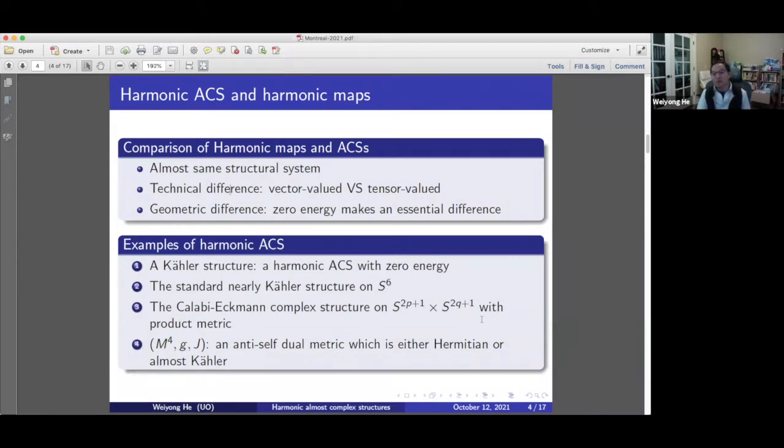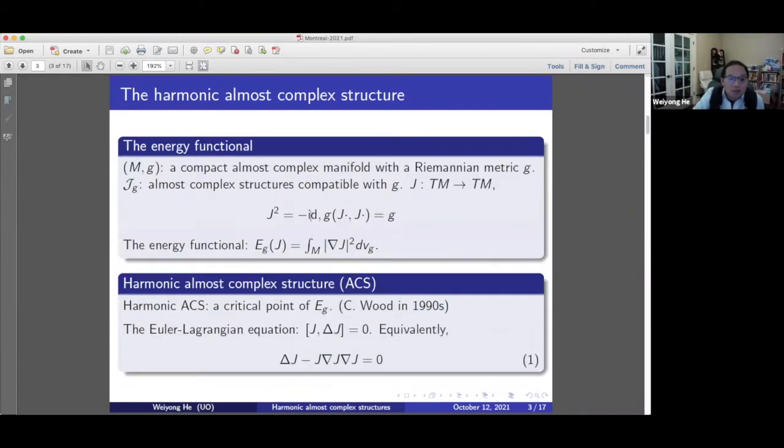That will pose some hard technical difficulties. And the geometric difference is this. At least for me, the zero energy case in harmonic maps means the gradient of u is zero, so that will be a constant map. On the other hand, for a harmonic almost complex structure, zero energy corresponds to the gradient of J equals zero.